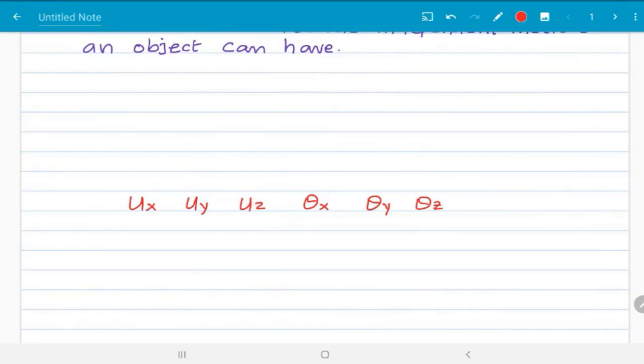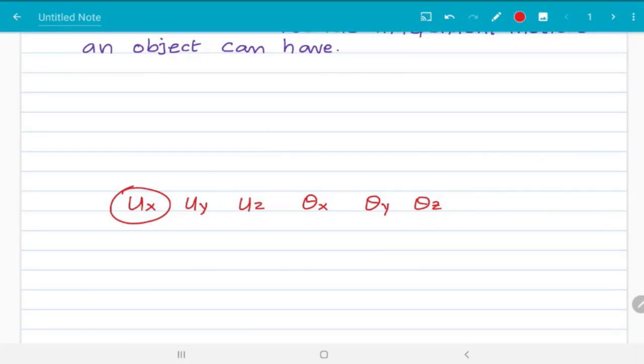Can anyone tell what do you mean by ux? Please unmute and tell me. What is the name for the ux? Displacement along x direction. Very good. Displacement or translation along x direction.